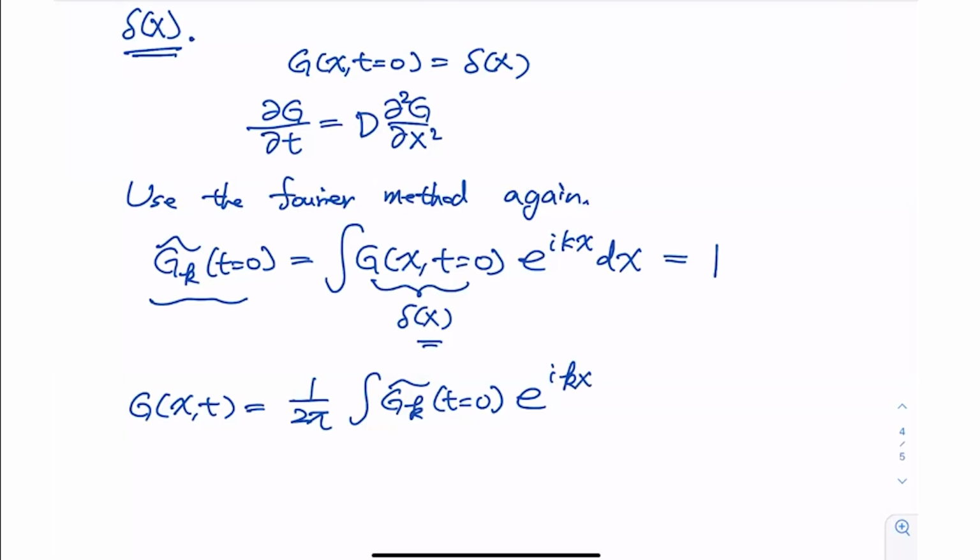Wait, did I make some mistake? Yeah, I think I have a typo here, but it doesn't influence the result. And from this line, we know this quantity is just 1.